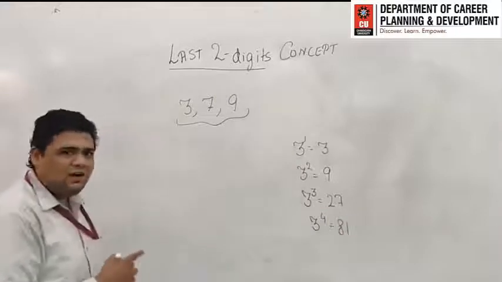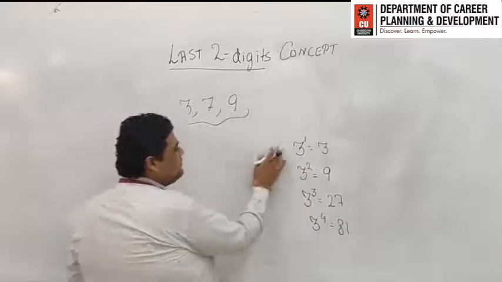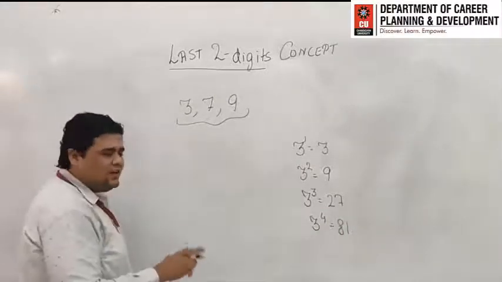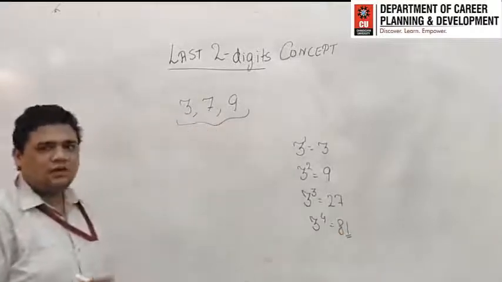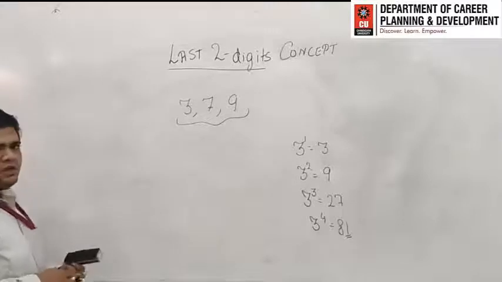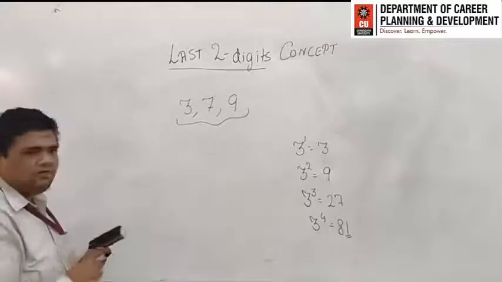So whenever the unit place is 3, I will convert the question to a unit place value of 1.